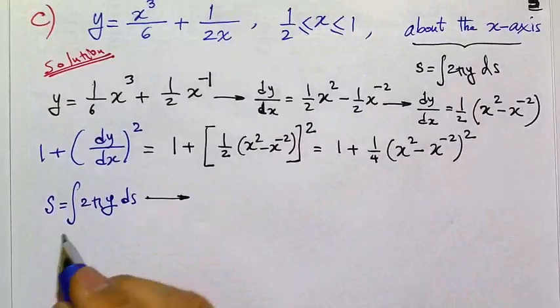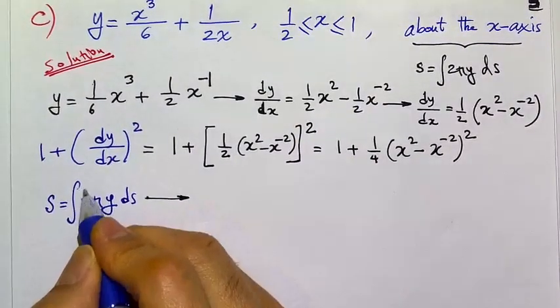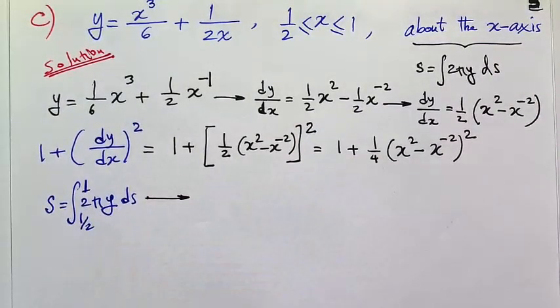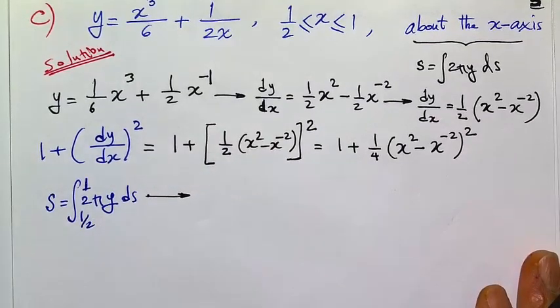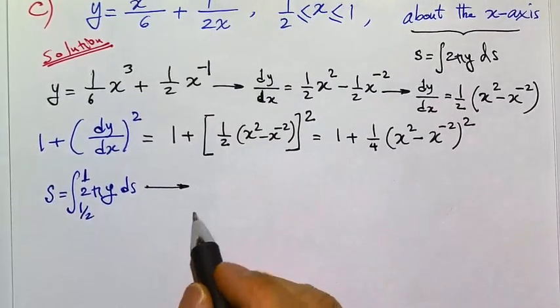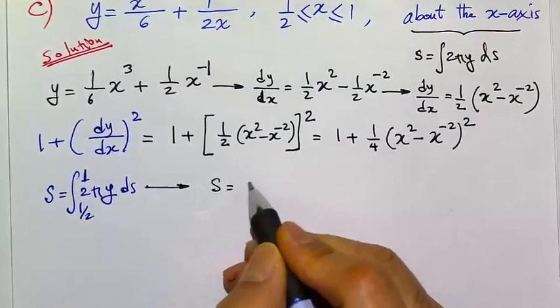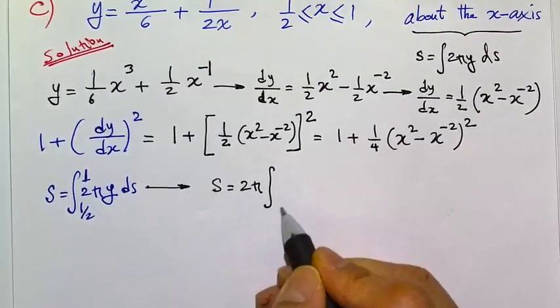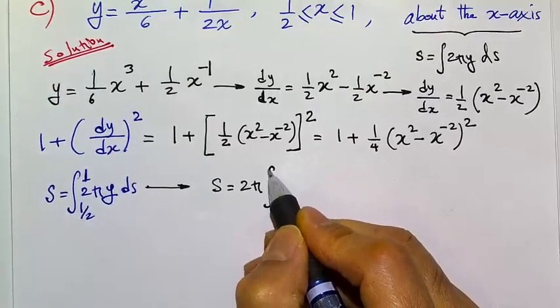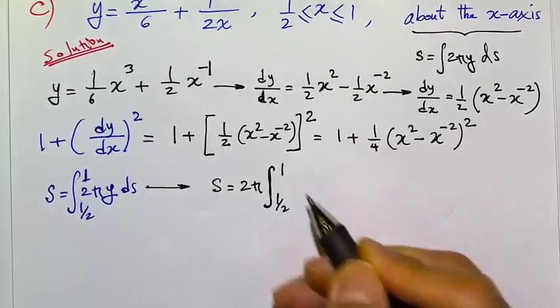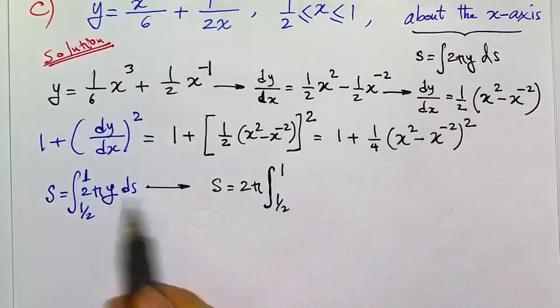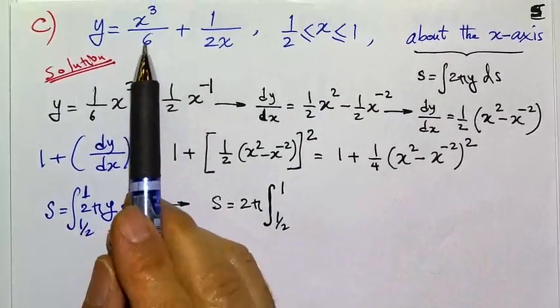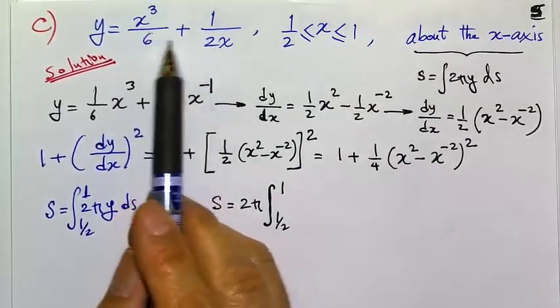So I'll put the 2 pi in front here, from 1/2 to 1. y is simply all of that in terms of x.